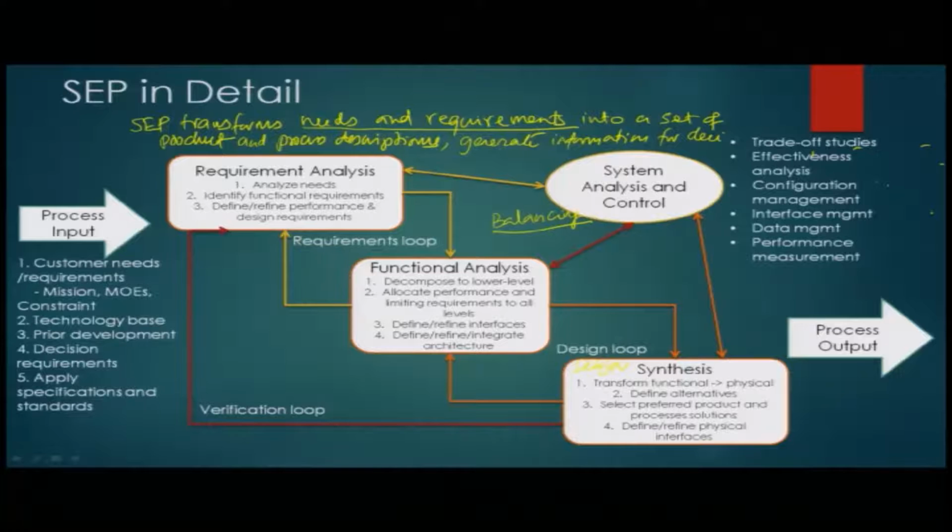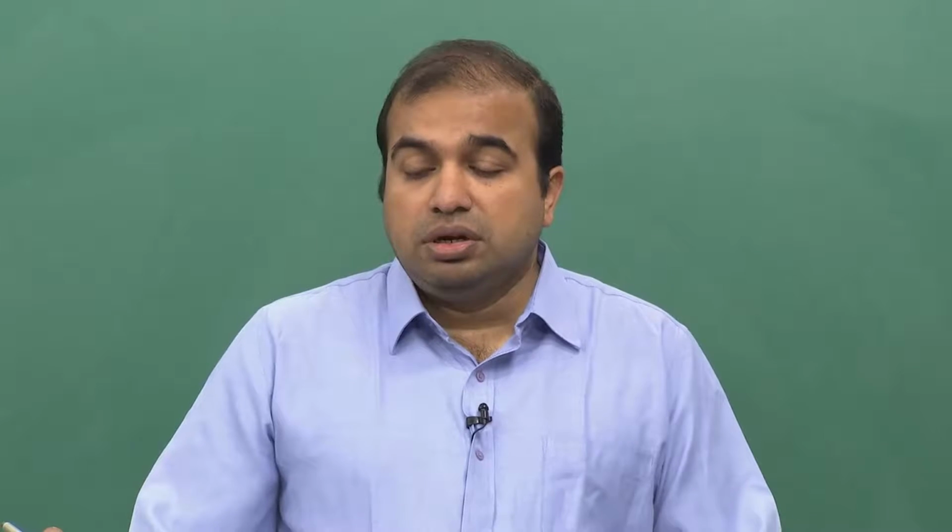There's a bunch of tools that are used by system analysis and control, or the balancing people, that involve trade-off studies. You decide which trade-off to pick. You might compromise on something. You can't have everything, so what to compromise on needs to be decided. Effectiveness analysis, which is which one do you choose and how effective it is, also needs to be analyzed.